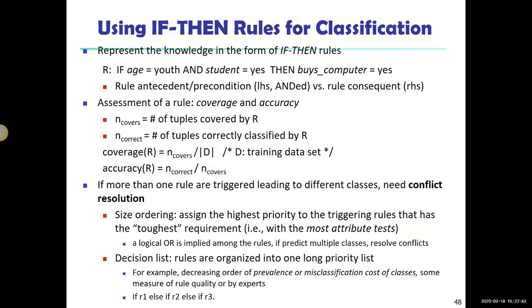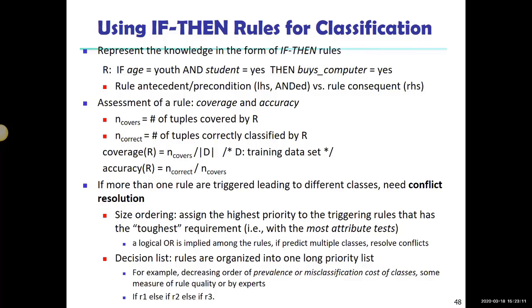Maybe that rule is going to give us the most accurate classification. So the rule is not fixed in a priority list. It depends on when the rules are triggered. When the rules are triggered, then a conflict resolution technique kicks in to decide which class to predict.